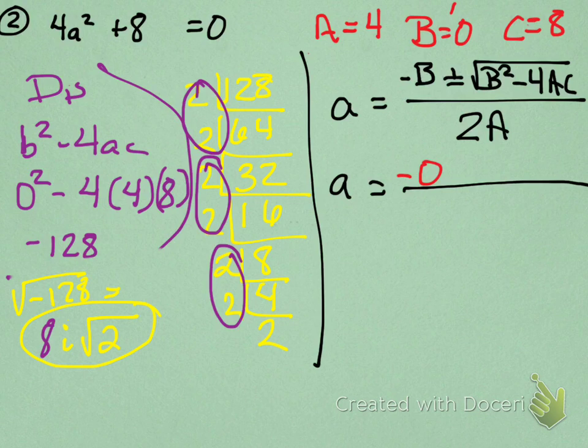Plus or minus. And then we end up with 8i on the square root of 2 coming in from the other. And then the formula says 2 times my a, which was 4.